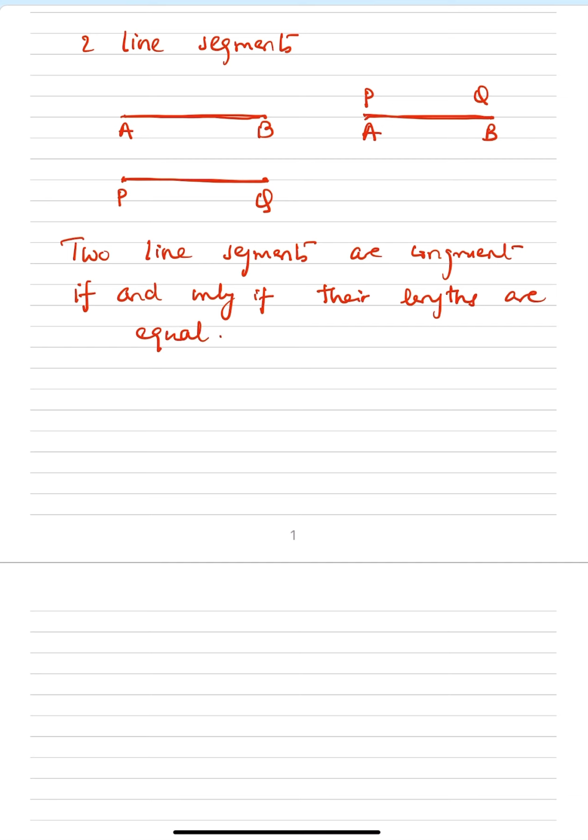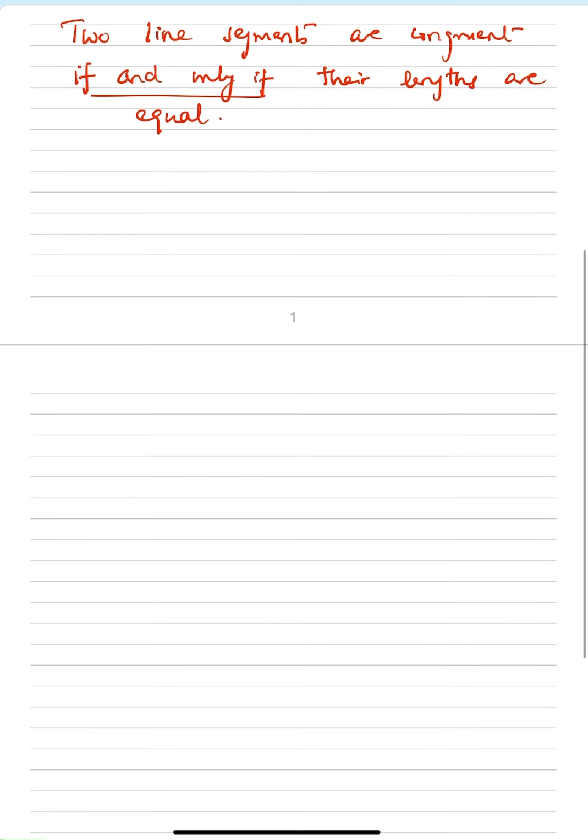What is the meaning of if and only if? Conversely, if the lengths are equal, then the line segments are congruent, and line segments are congruent if their lengths are equal. Similarly the same is for angles: angles are congruent if and only if their measures are equal. So we will learn regarding the congruence of two triangles.